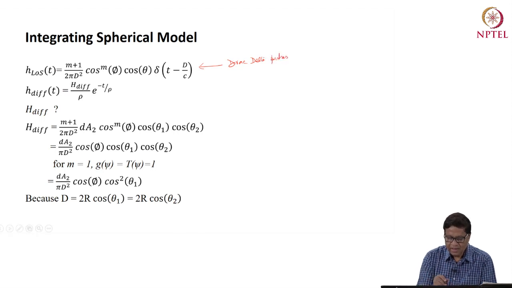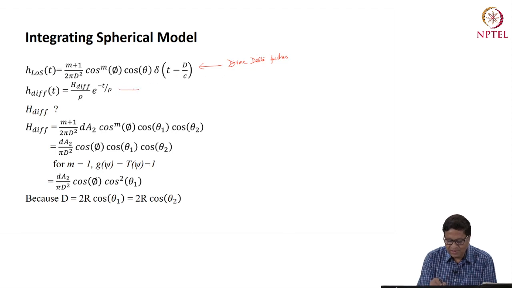And here I have assumed Ts(theta) and g(theta) are equivalent to 1, so it is a rather simpler expression: the Lambertian pattern, cos^m(phi), cos(theta), and Dirac delta pulses. So there's no change as far as the LOS channel model is concerned.